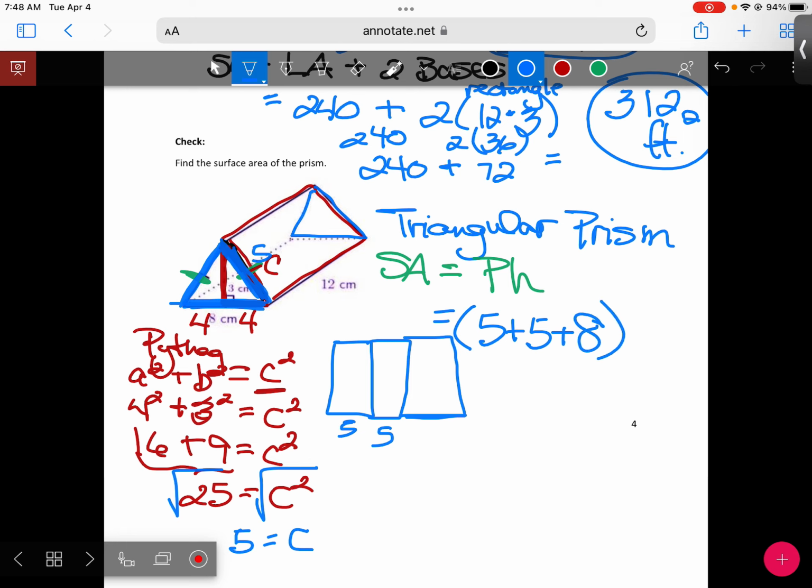So that's the perimeter around, and then my height is how tall? Right here. How tall is this? Remember, we're just talking about the sides right now. Should be right here. Should be 12.